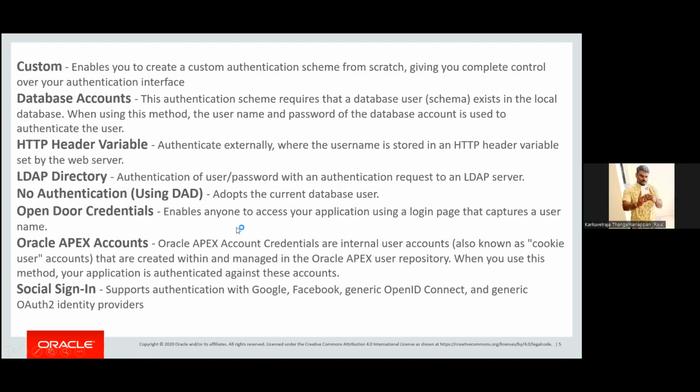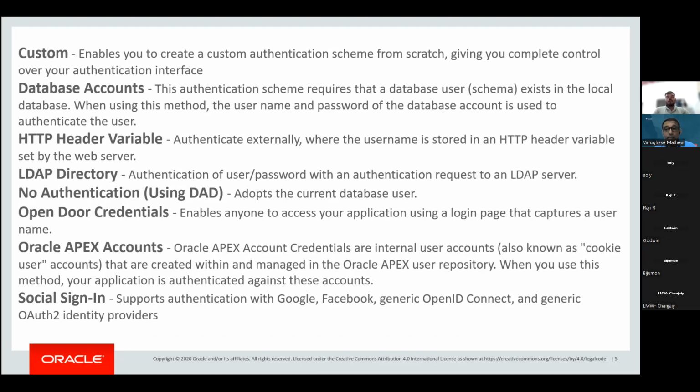And then finally and foremost, social sign-in. You guys really love it. You can integrate your Google account with Oracle Apex authentication, and you don't need to log in with any other credentials. You just log in with your Google account. All the profile information in your Google account will be automatically fetched into your Oracle Apex application.